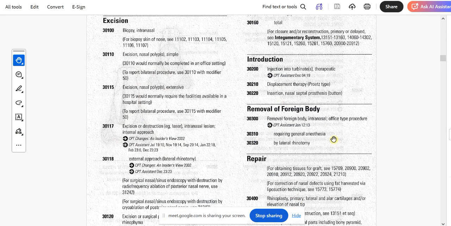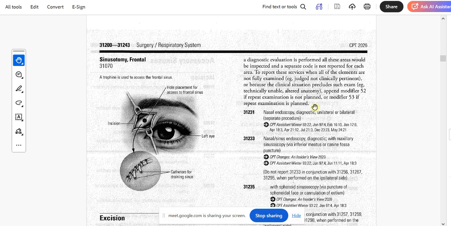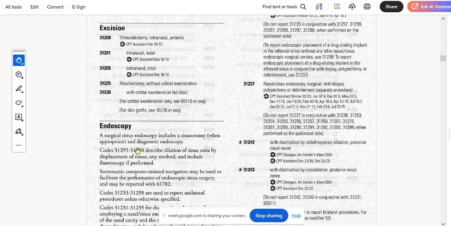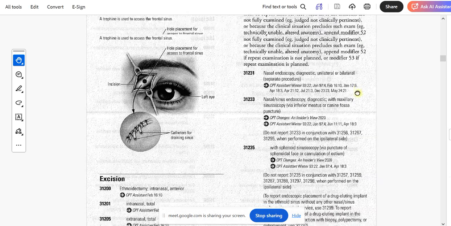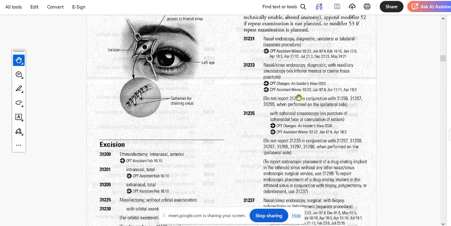Go to your CPT book. Here you're looking at the heading accessory sinus. You'll find all types of procedures on sinuses under this heading. So you have your endoscopy procedures from here. If you look here, 31231 nasal endoscopy diagnostic. This is sinus endoscopy diagnostic with maxillary sinuscopy.